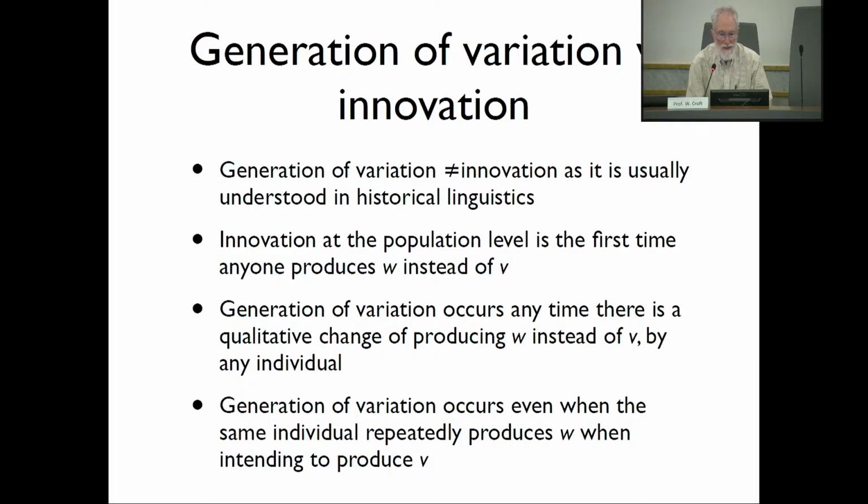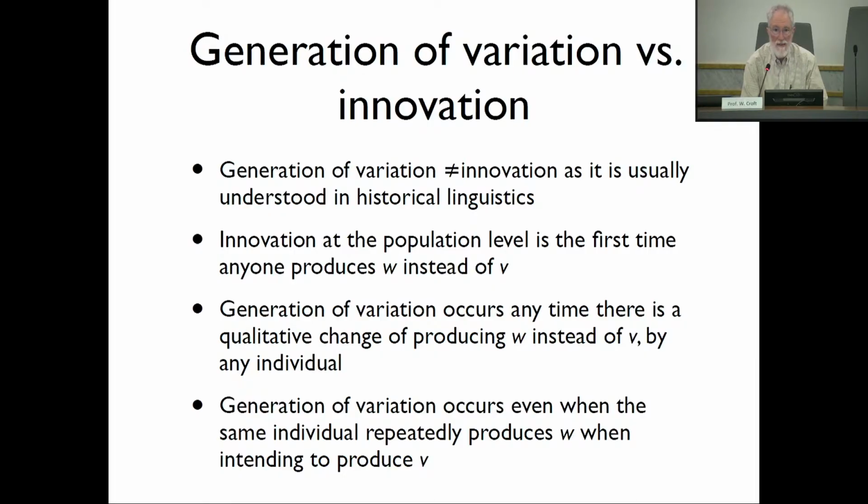However, generation of variation is something that happens basically in the speaker's production process. Not entirely, as we'll see later, but we'll start from that point. So basically it occurs any time there's a qualitative change where you produce W instead of V by any individual. So if I am trying to say going to and I reduce it to gonna, that creates a new variant.